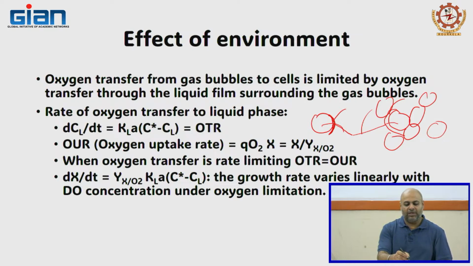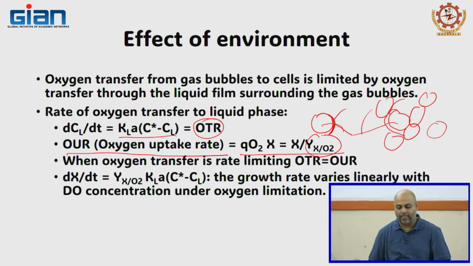So dCL by dt, the change in concentration with respect to time, is your KLa (C star minus CL). This is your oxygen transfer rate, and then you have your oxygen uptake rate, which is your QO2 x is equal to x divided by Y x by O2. This is your yield with respect to O2.